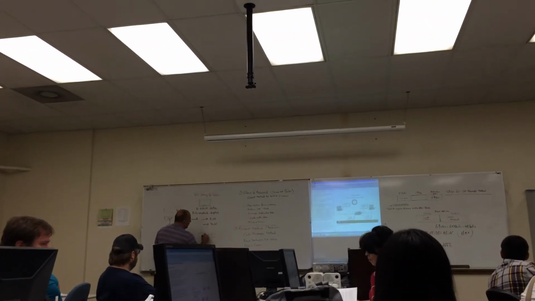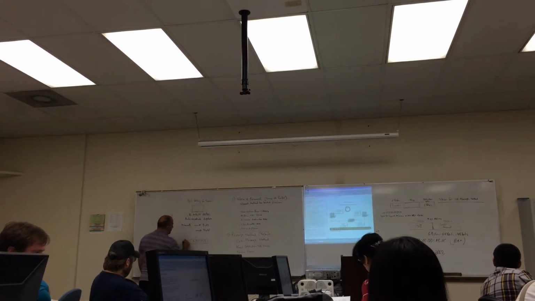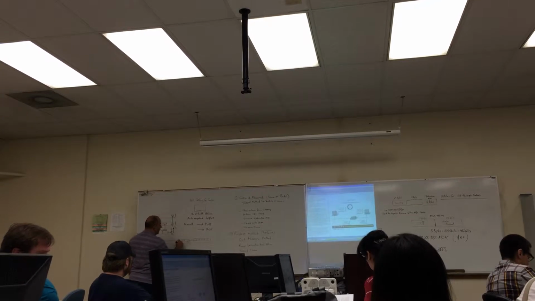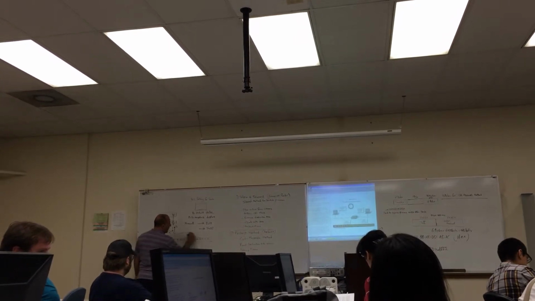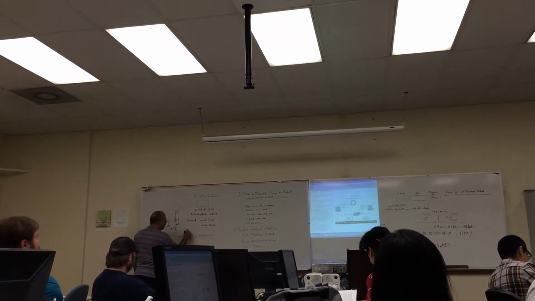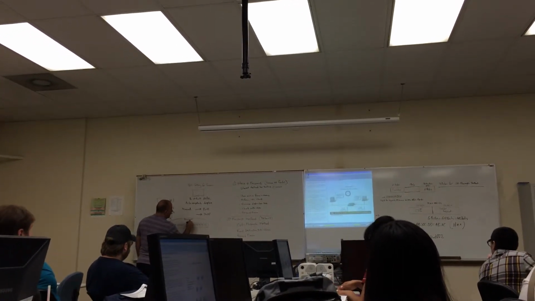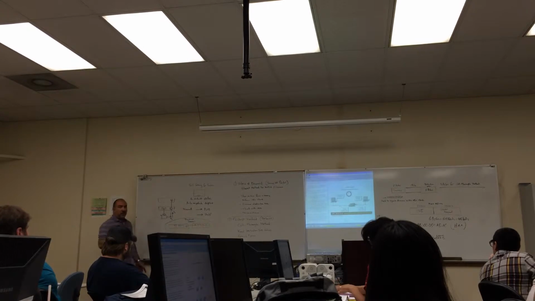We said the switch, if you have, let's say, two switches connected to each other like this, then we can say that this whole entire thing is what? A broadcast domain. So the entire thing is one broadcast domain.